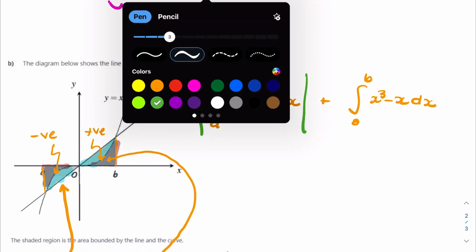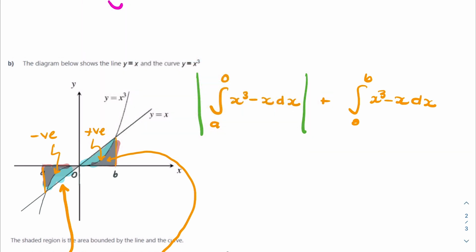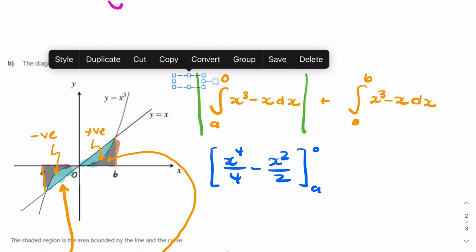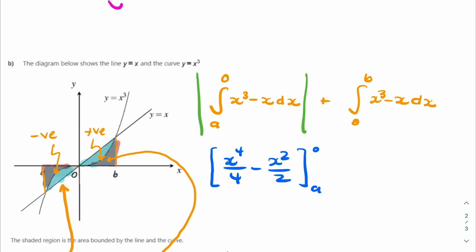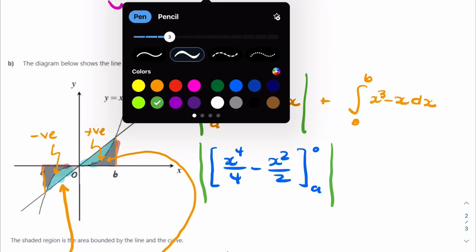So the integration of x cubed will be x to the power 4 over 4 minus x squared over 2 from a to 0. And we want the absolute value of that, to make sure we get positive.